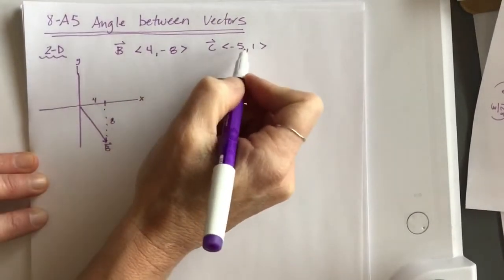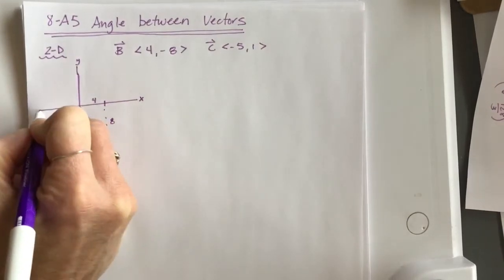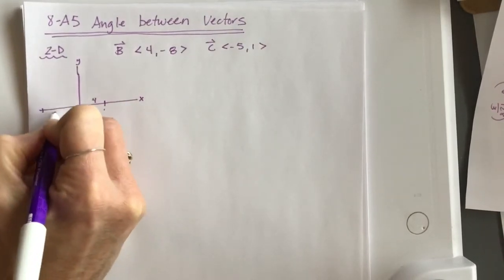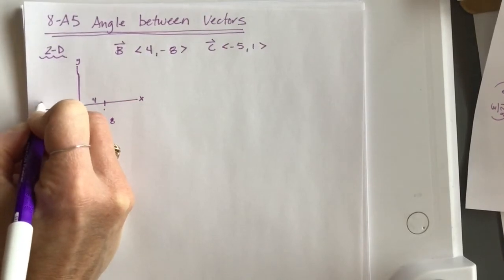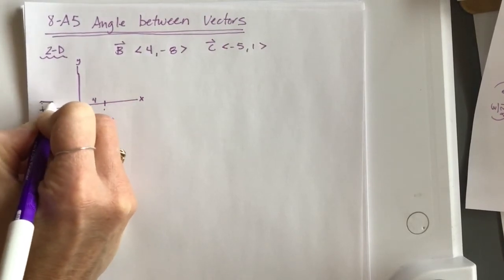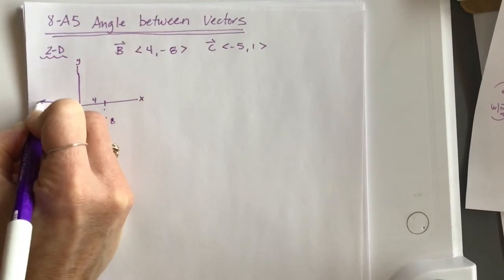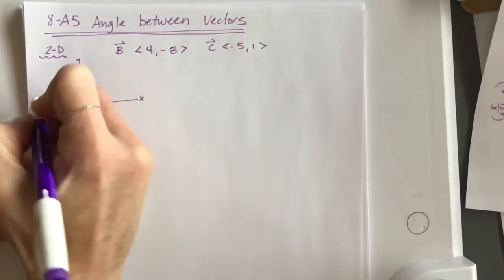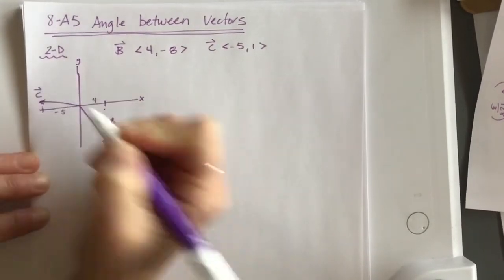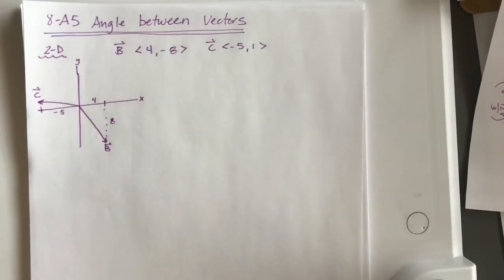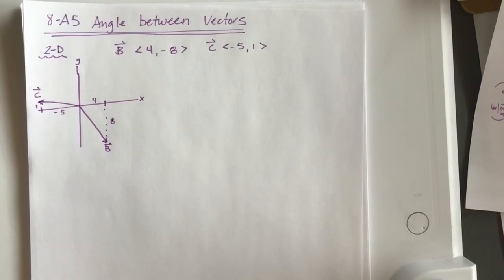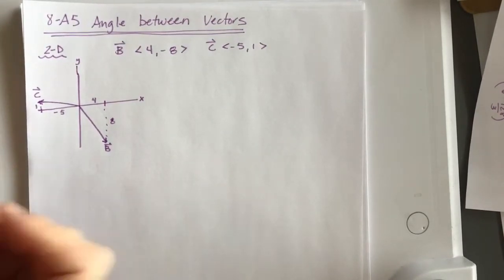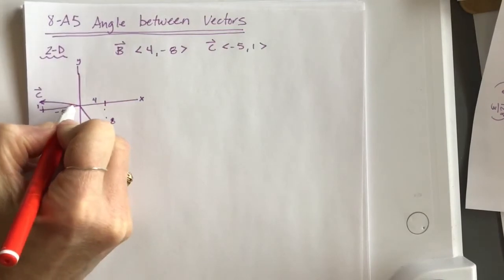And we're going to go out -5 and up 1. Can you guys see that? Yeah. Okay, and that's vector C. What we're looking for is the angle between the vectors, this angle here.